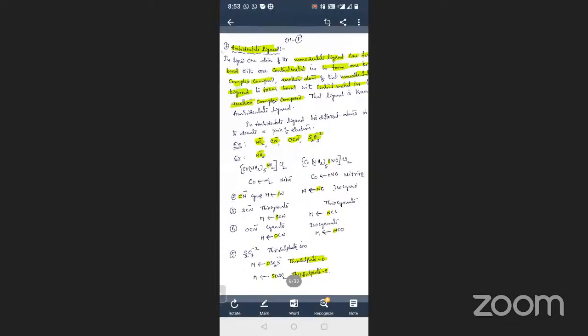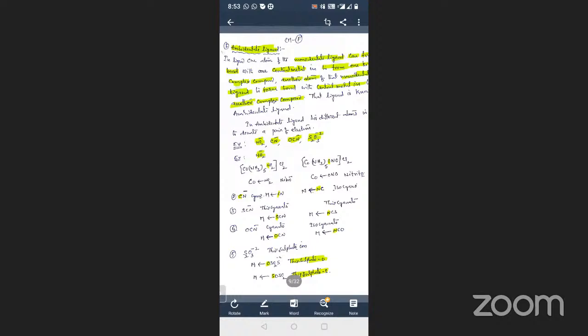Here cobalt is directly bonded with nitrogen; there, cobalt is linked with oxygen. It is the same NO2, but here nitrogen is directly linked with cobalt and here oxygen is directly linked with cobalt. These types of monodentate ligands are known as ambidentate ligands.